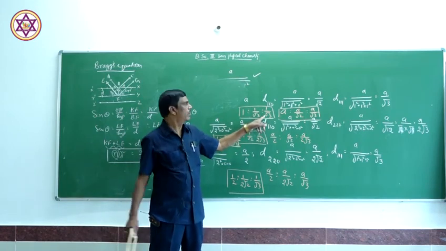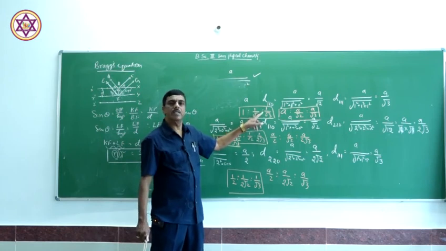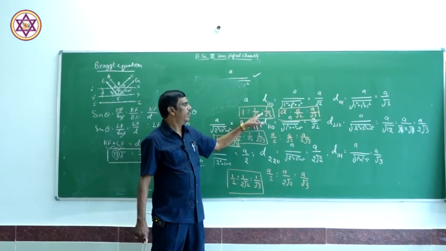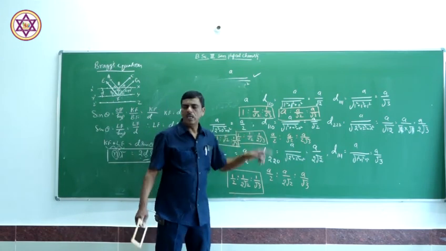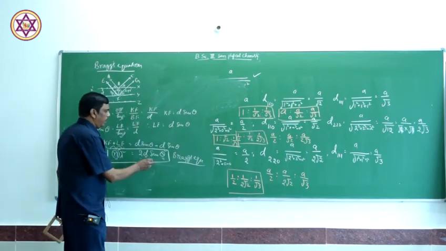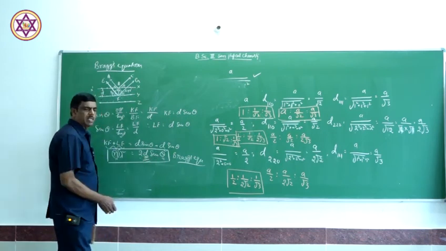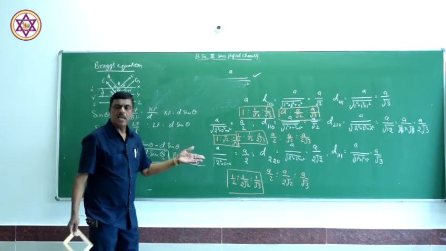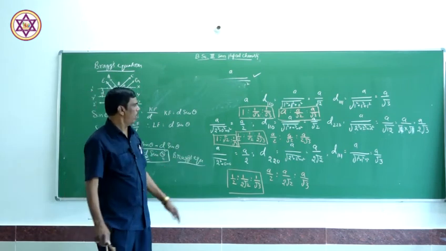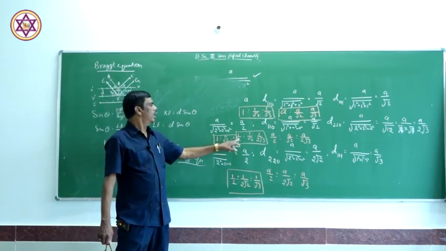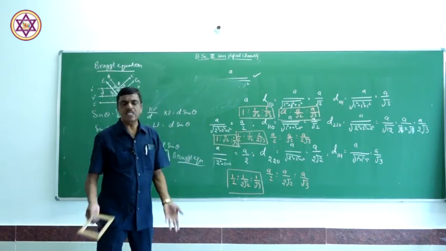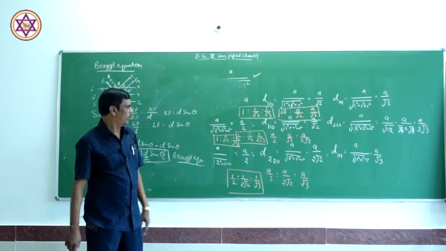Therefore, using this Bragg's equation, we can find out the interplanar distance ratio and also the geometry of the cubic lattice. Similarly, you measure the interplanar distance ratio for a body-centered cubic lattice. If the ratio is 1 by 2 is to 1 by root 2 is to 1 by 2 root 3, that crystal belongs to body-centered cubic lattice.